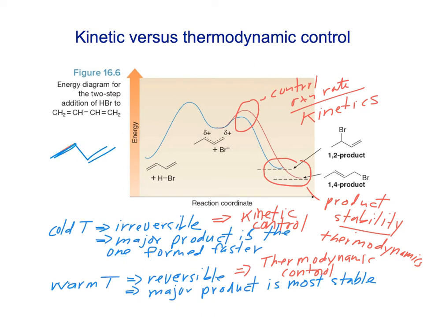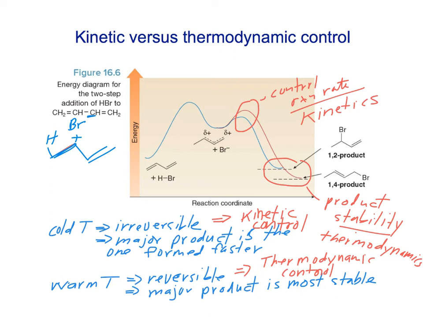So we've added this H, say there, and we've broken the bond between the H and the bromine. So the bromide would be sitting here right next to where the H was, spatially. And we've generated a plus right here.